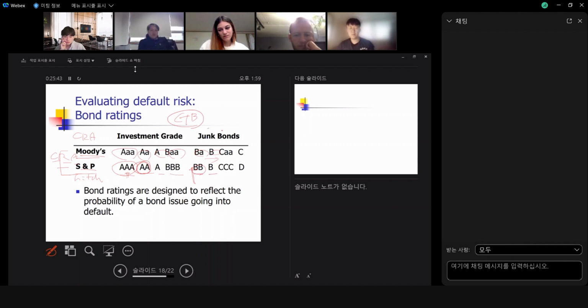So if the bond credit rating is higher than triple B, it is classified as investment grade, whereas a bond whose credit rating is lower than that is classified as a junk bond. Definitely a junk bond provides a higher coupon interest rate, and the junk bond cannot be sold very well.